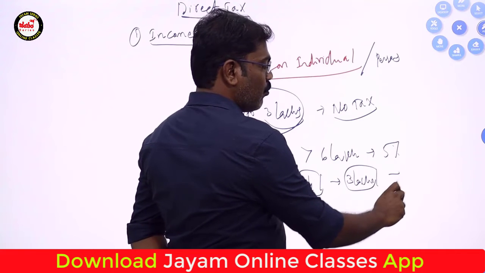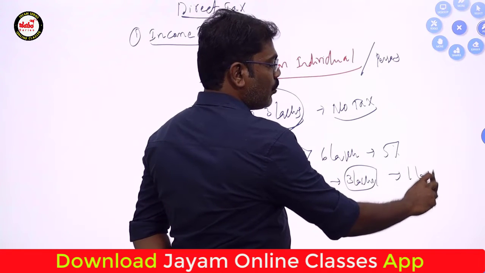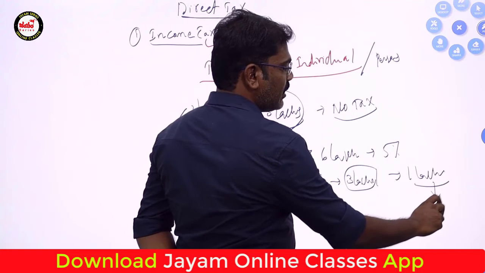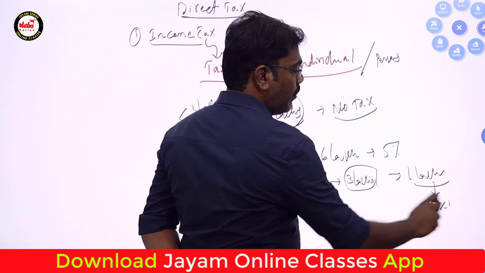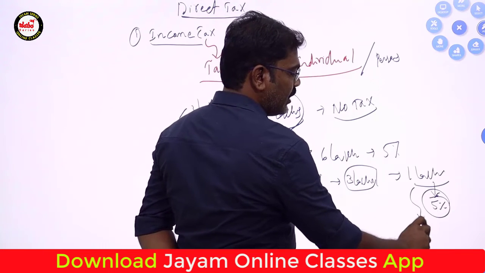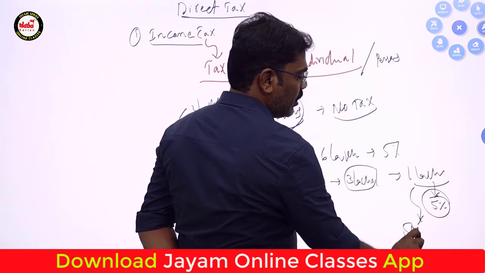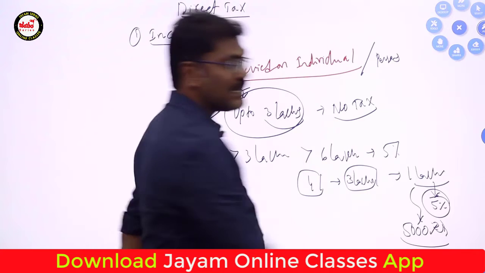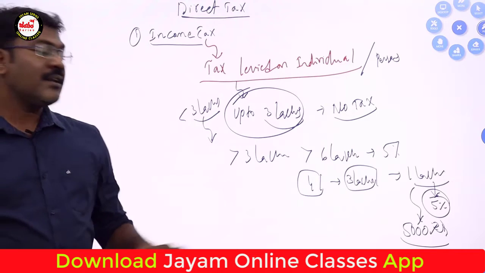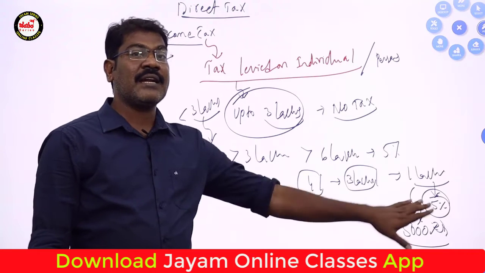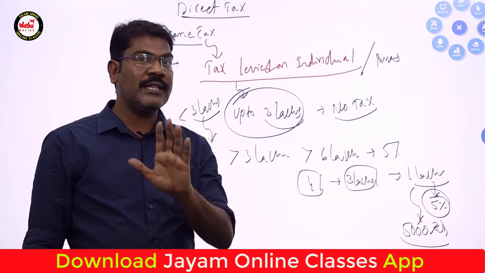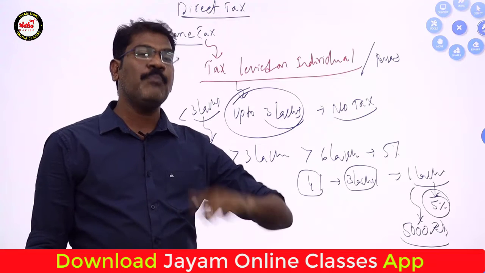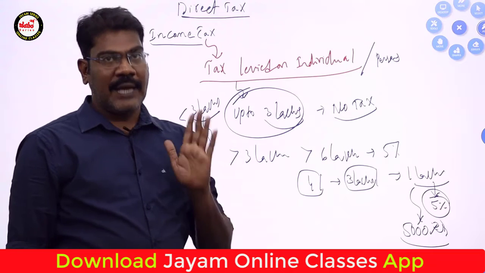The extra income is 1 lakh rupees. For that 1 lakh rupees, 5% means 5,000 rupees has to be paid to the government as tax. Don't think that they have to pay tax on the entire 4 lakhs. They have to pay tax only on the amount beyond the government exempted range.